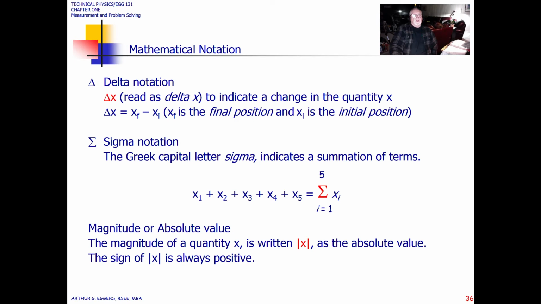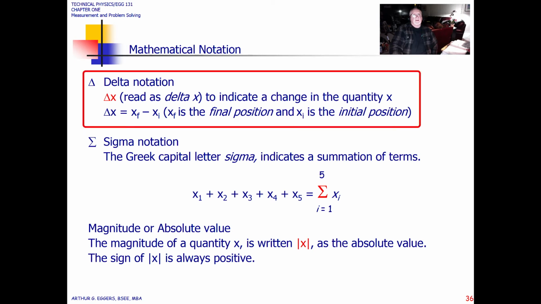The delta notation, in this case delta x, indicates a change in the quantity x. So in the expression, delta x, or the change in the quantity x, is defined as x final minus x initial position. So we're looking at that change over a distance.